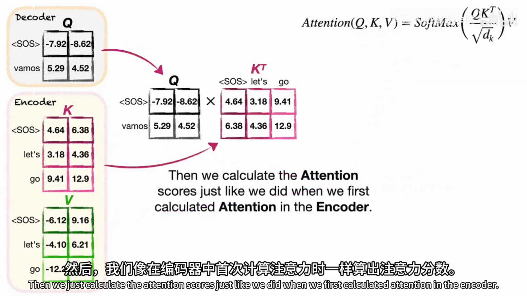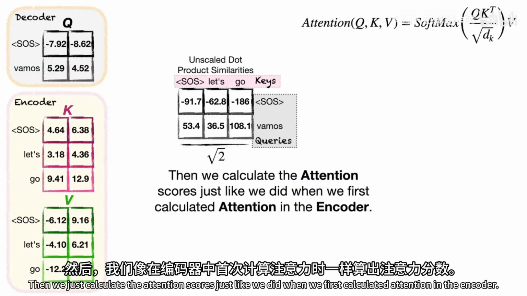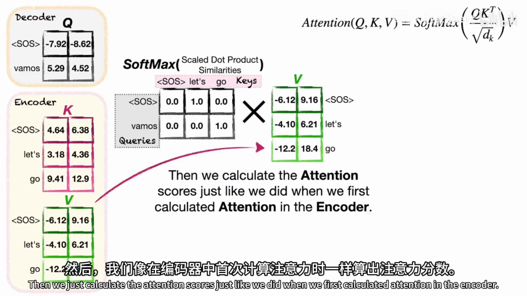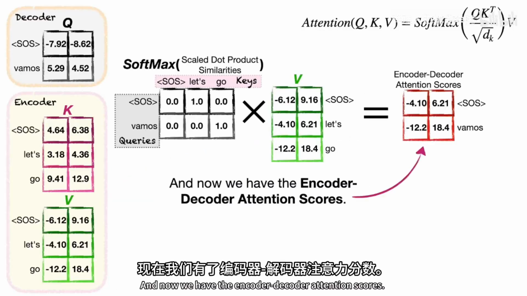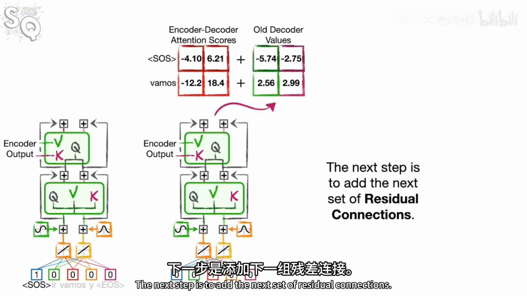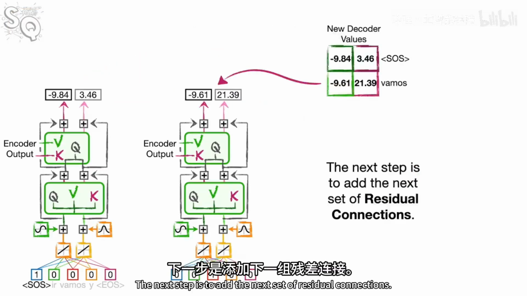Then we just calculate the attention scores just like we did when we first calculated attention in the encoder. And now we have the encoder-decoder attention scores. Bam.